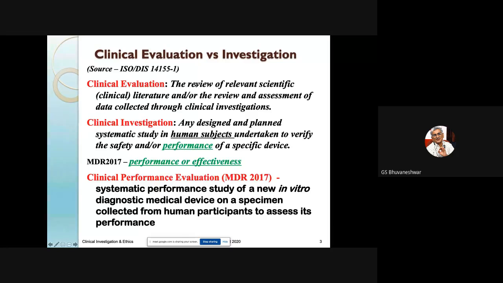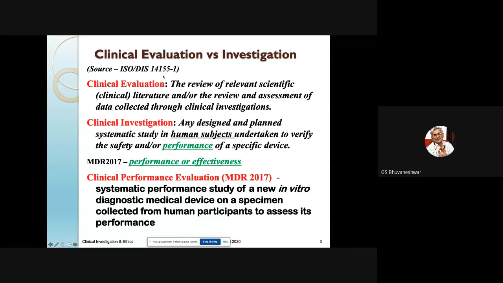So today, these regulatory agencies, particularly for moderate to high and high-risk devices, require you to have a document which is called a clinical evaluation report, where you review all the relevant scientific literature for the device, as also your predicates or whatever treatment, what is the gold standard treatment for whatever you're trying to find a solution for. So a detailed review and documentation of that is required, including the risks, a good risk assessment, and what are the failures or complications that can occur. And those have to be part of the clinical evaluation report.